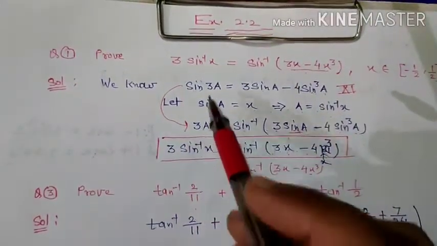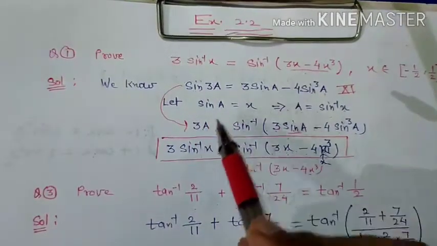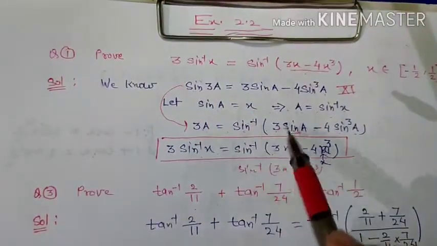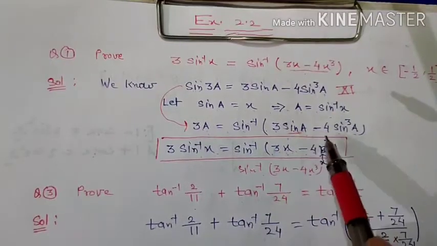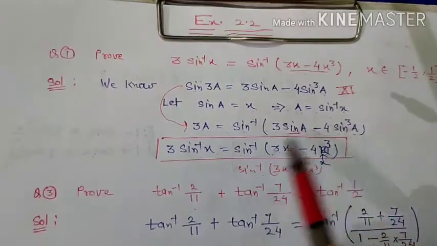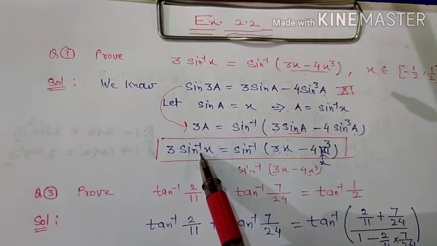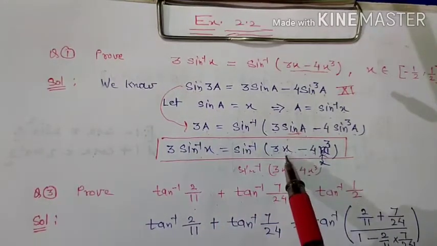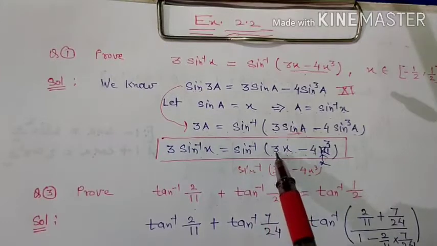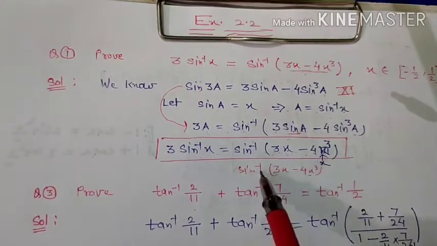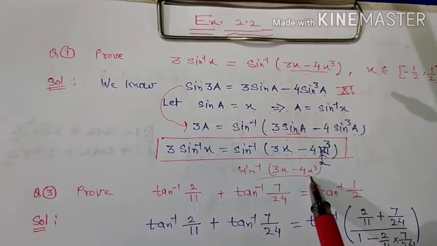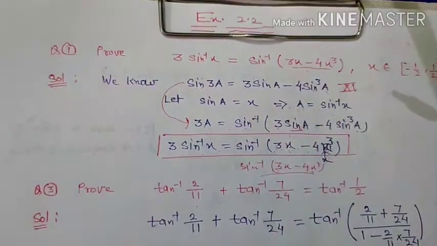So 3a, if I shift this sine to the other side, will be sine inverse of 3 sine a minus 4 sine cube a. Now I can say a is sine inverse x and sine a is x. So I'll be getting sine inverse of 3x minus 4x cube, which I need to prove.